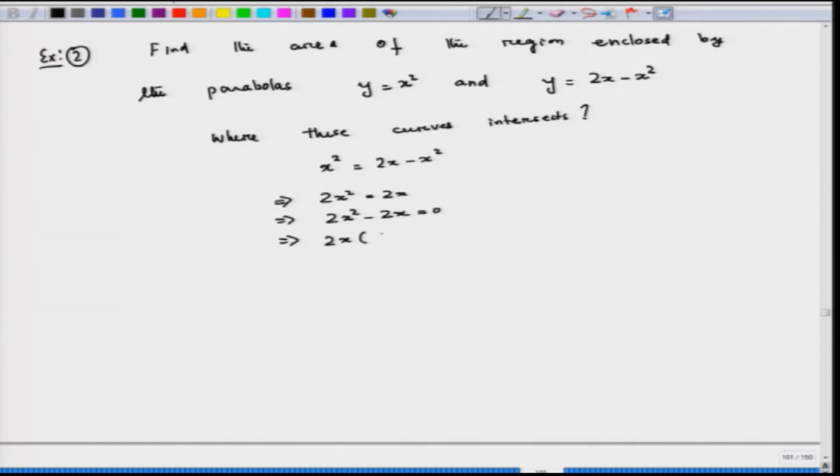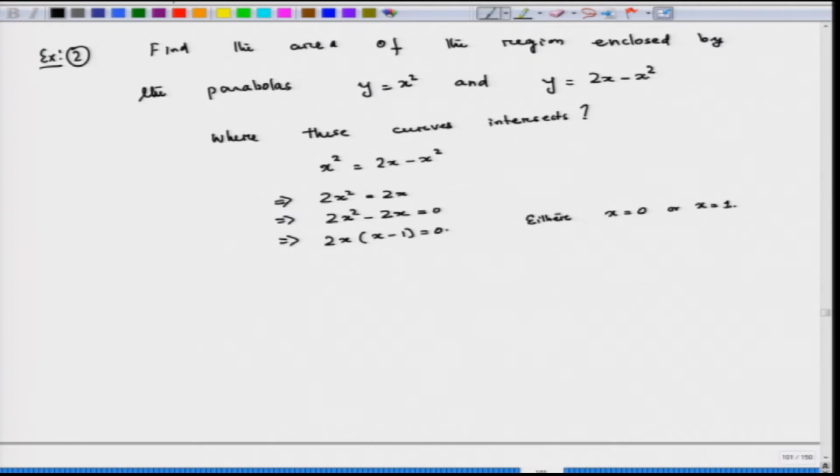So 2x square minus 2x is equal to 0. If we take 2x common, this is 2x times x minus 1 equal to 0. From this we say that either x is equal to 0 or x is equal to 1, because there are two factors, x and x minus 1.